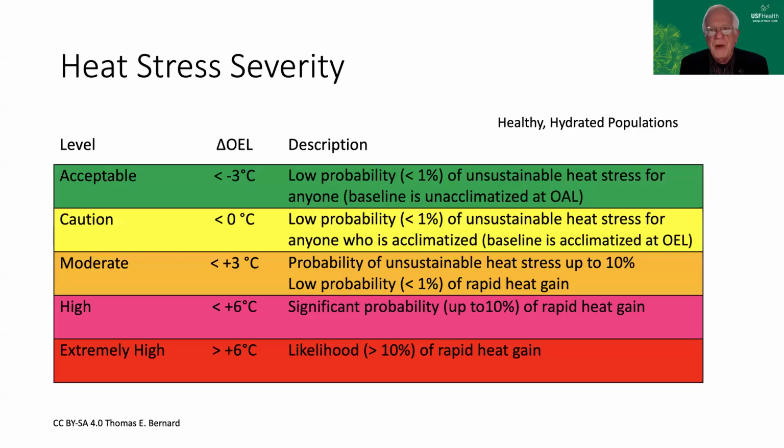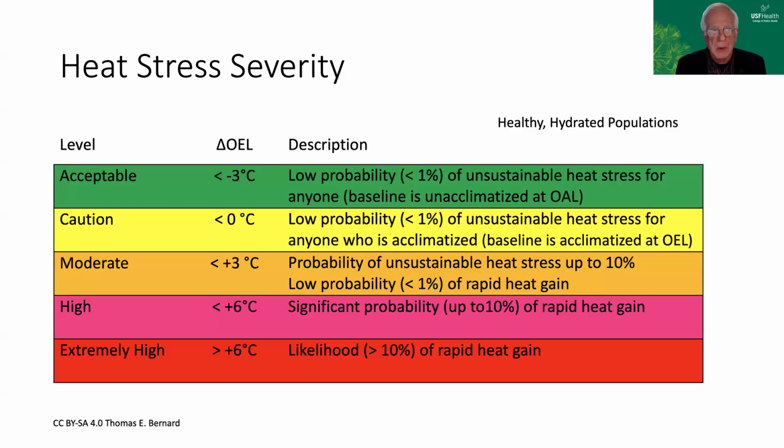All right, so the heat stress severity based on a healthy, hydrated population is that if you're 3 degrees C WBGT is implied, hopefully in context, but at 3 degrees less than the OEL, that's really the action or alert limit. But anybody below that, even if they're unacclimatized, is likely to deal very well with the level of heat.